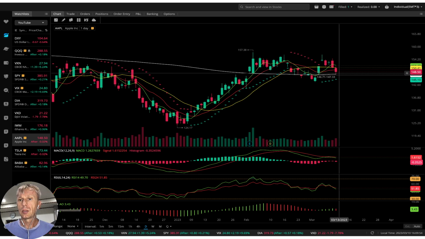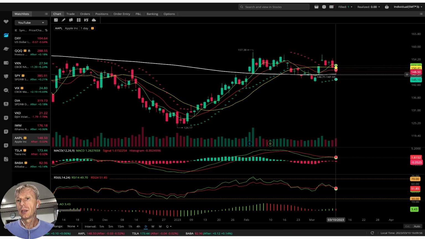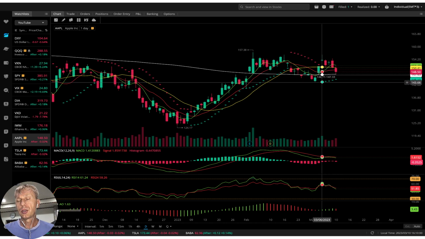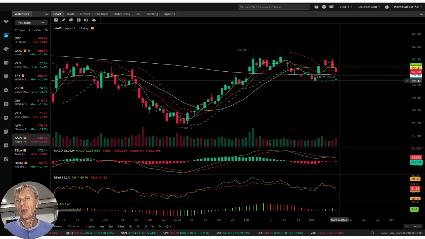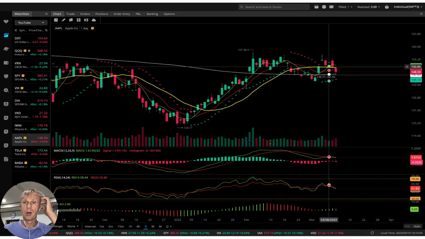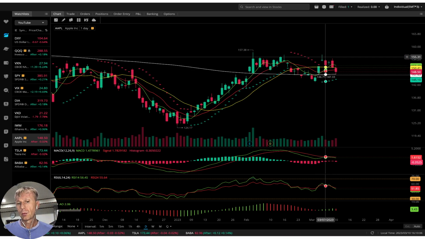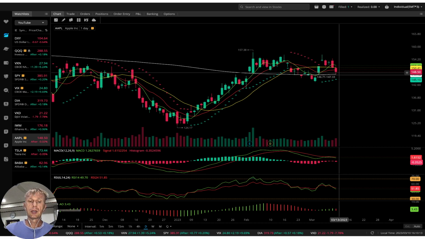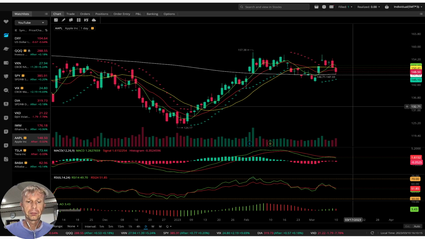Last bar close touched the MA 200. Let's see, will it bounce from MA 200? Still no bearish reversal. Maybe it will bounce from 200 like it bounced over here.